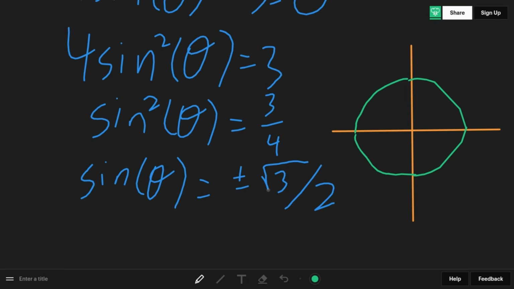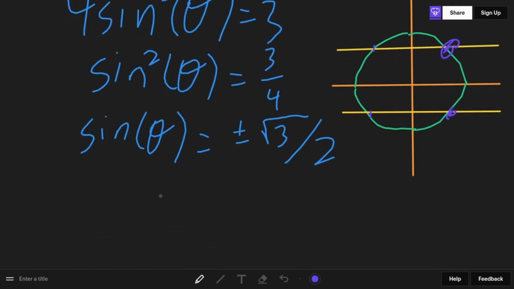So knowing the unit circle, I would know that this value is about here and here. So now I have to find the sine of these 4 points: 1, 2, 3, and 4.